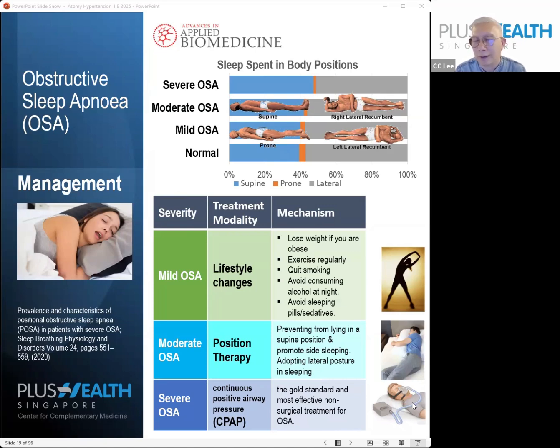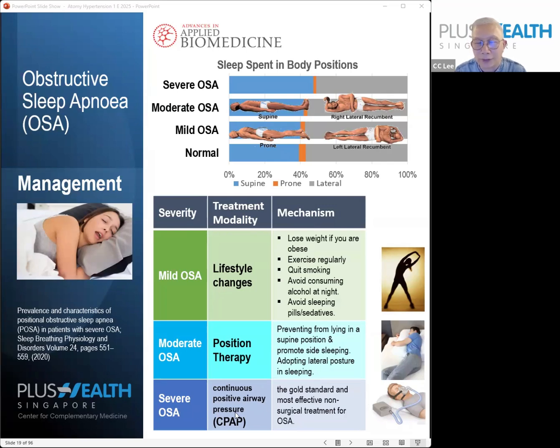your lung itself. Now, it's not a really good way. If you look at it, to be honest, if I look at this, I can't sleep. If I wear this device, I don't know if I can sleep anyway. It will make it worse. So therefore, although there is a gold standard, the most effective intervention for treatment of OSA, I will put it that way, right? If you can try to do position therapy, right?